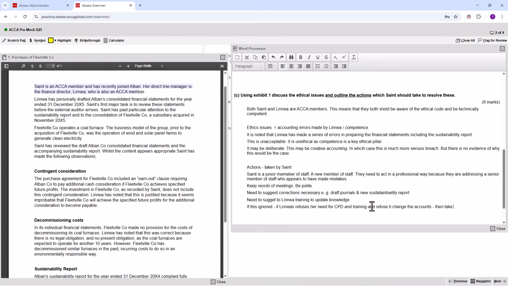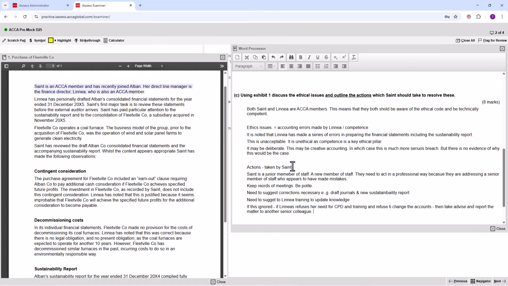Then we need to take advice and report the matter above our head, to another senior colleague. I don't think we say, oh, and therefore we resign. I don't see that I would necessarily go out and get formal legal advice either. I think this is something that we could hopefully deal with on an internal basis.